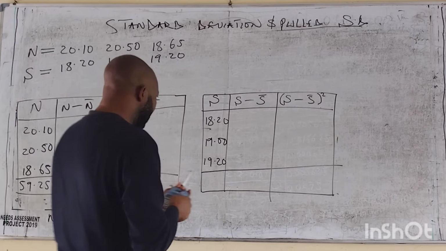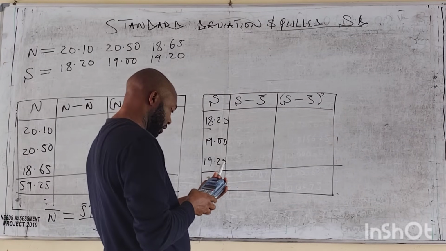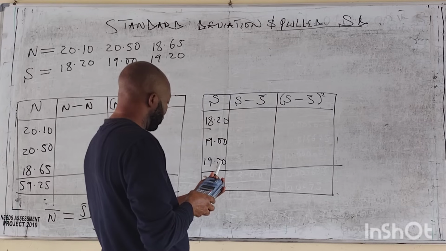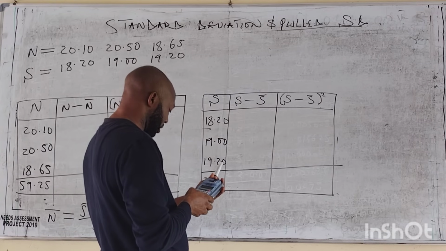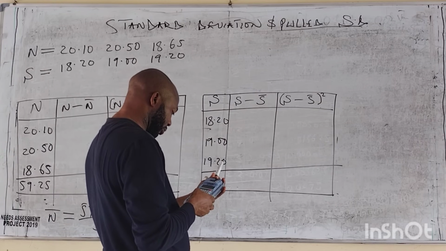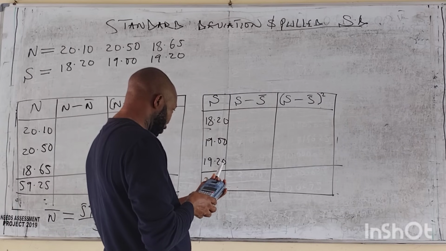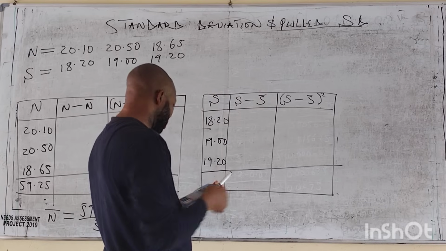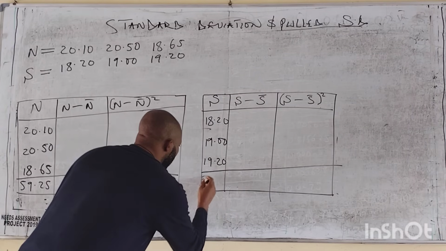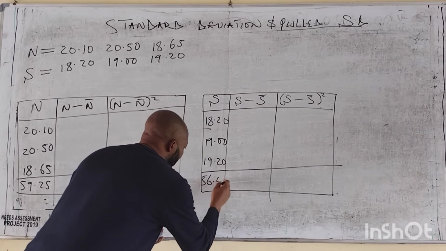Then here again, 18.20 plus 19.00 plus 19.20 gives 56.4.